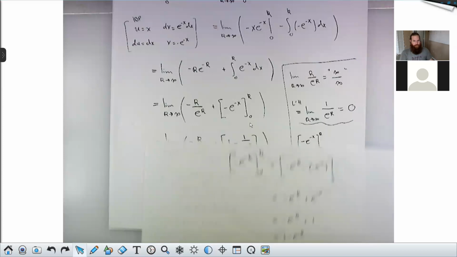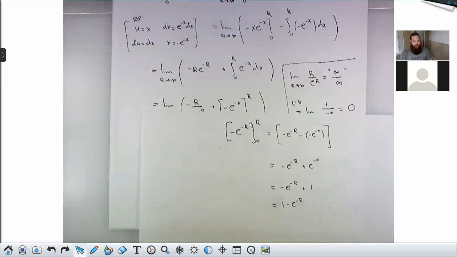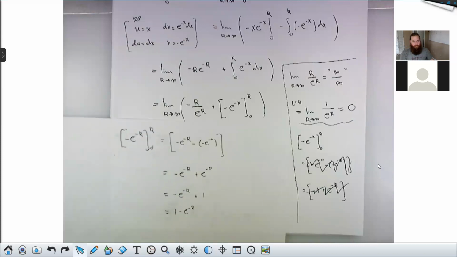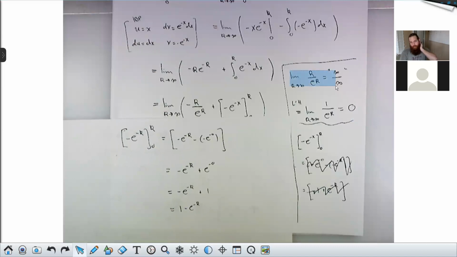So this piece is this piece. L'Hopital's rule says if you're trying to take a limit and it looks like infinity over infinity or 0 over 0, then you can differentiate the top and the bottom separately and try again. So the derivative of the top is 1, the derivative of the bottom is e to the r. So one application of L'Hopital's rule turns this into this, and this guy I know goes to 0 as r goes to infinity.